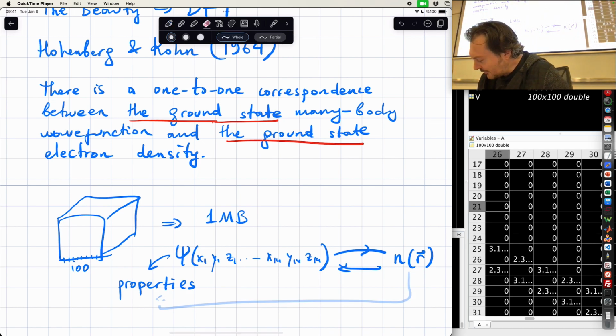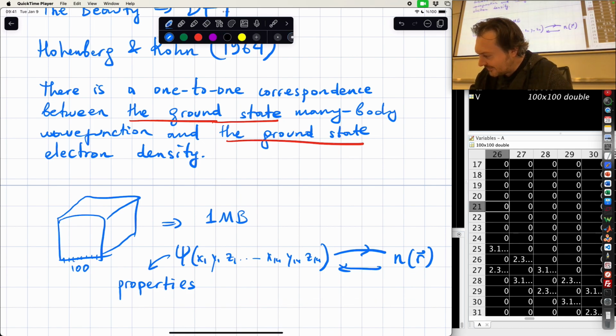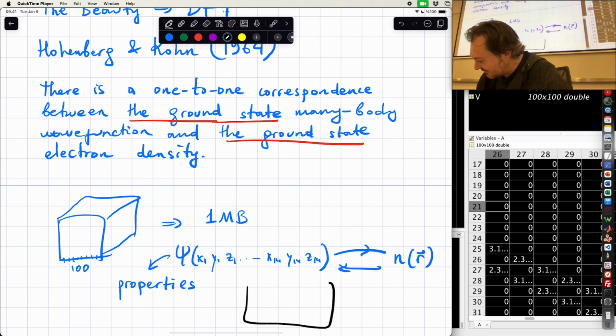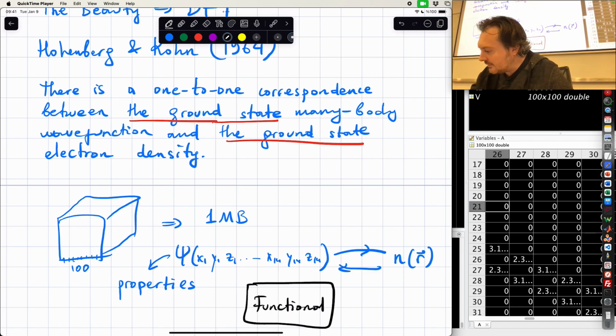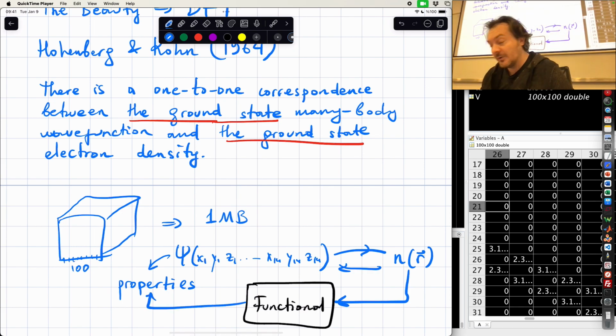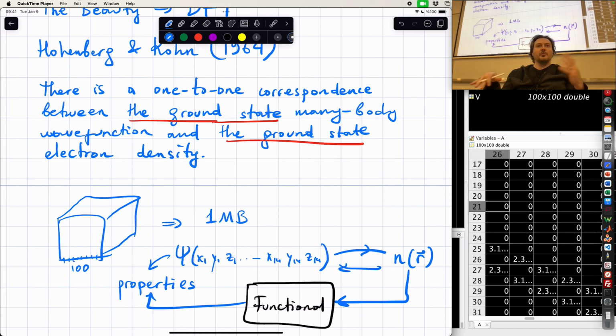But then there is a black box in between, which is a functional. It's not a function, it's a functional. You put in density, it spits out numbers. But the functional is a very general thing. It could involve integrals, derivatives, whatever, very complicated stuff.